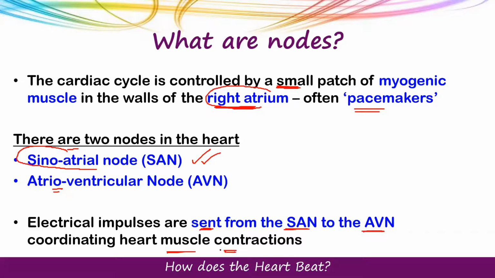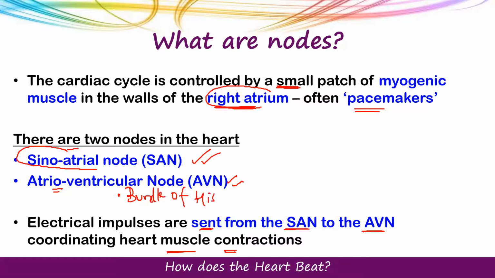We'll see how this happens, but remember, these are the two nodes involved. Besides these nodes, there are also fibers known as the bundle of His. His was the person who discovered them.